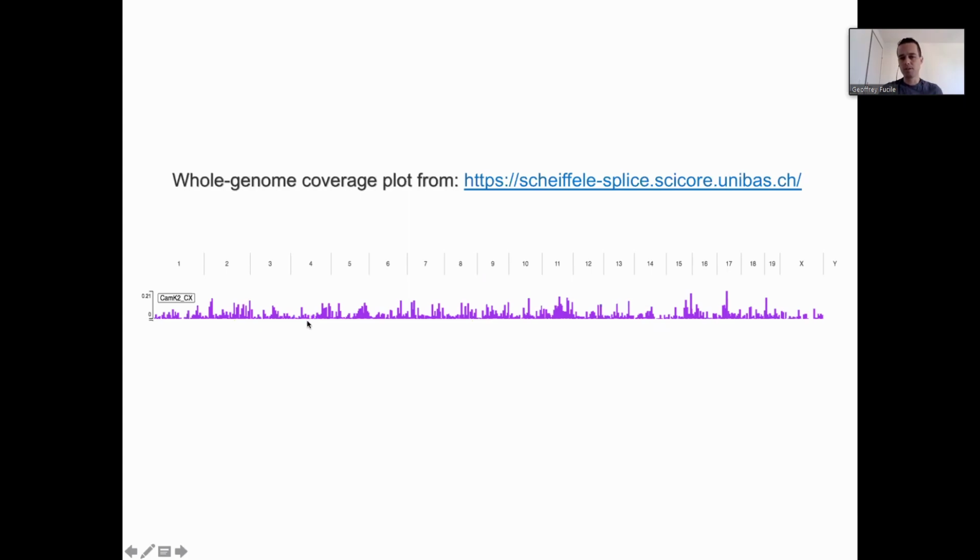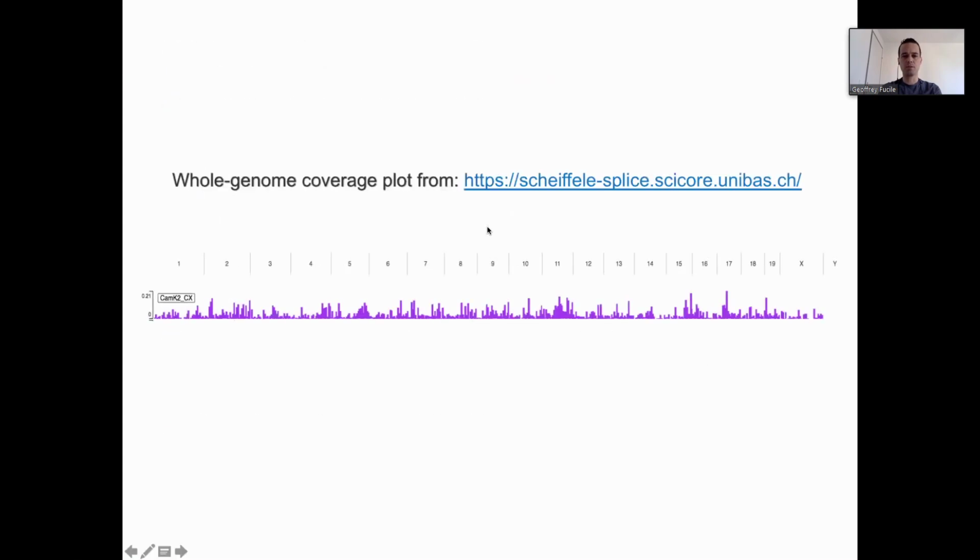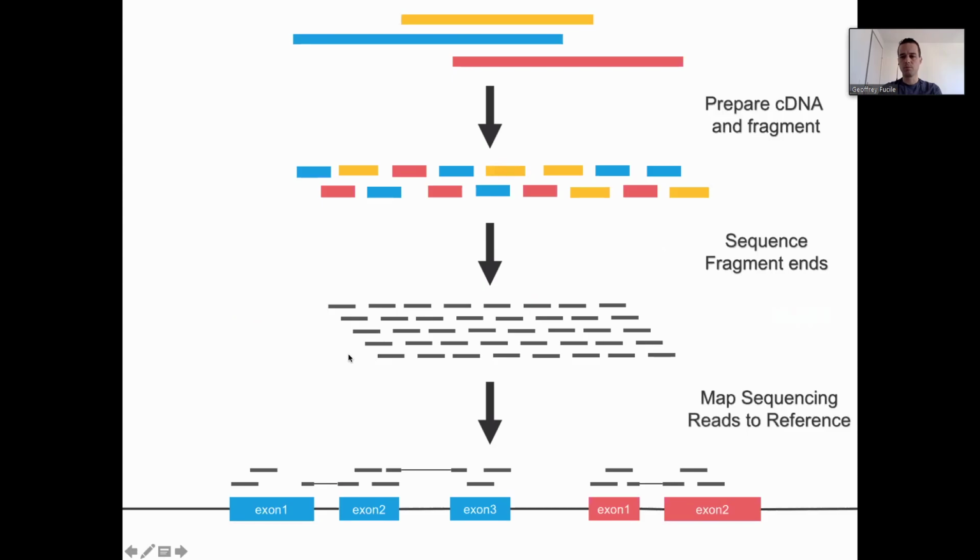What this probably is the centromere, where there's not so much transcription going on, for example. But this is what one data set of reads would look like spread across, let's say, the whole genome. If you were to zoom in, you would then start to see this exon intron structure that I showed you previously, like so, right?